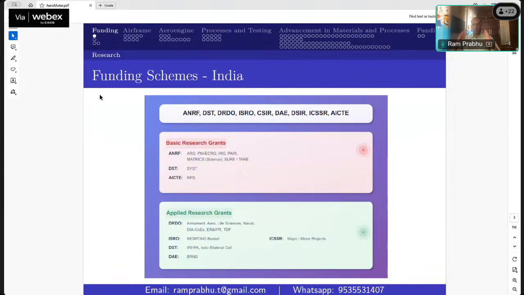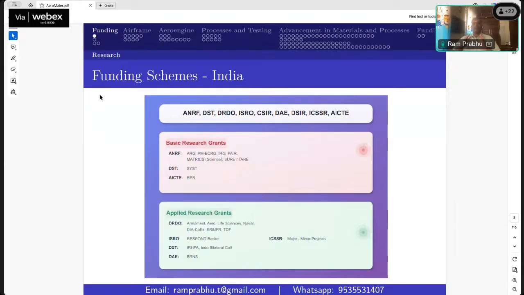SERB has SURE and TARE schemes, which are going to get revamped shortly. Similarly, DST has the INSPIRE scheme, a scheme for young scientists and technologists. This is the only scheme where even master graduates can be part of it as a PI or co-PI. And AICTE has research promotion schemes.